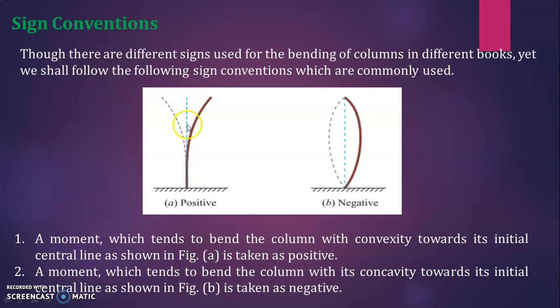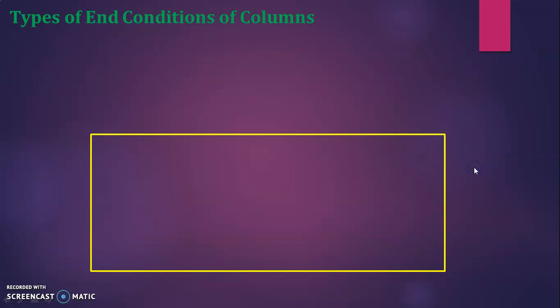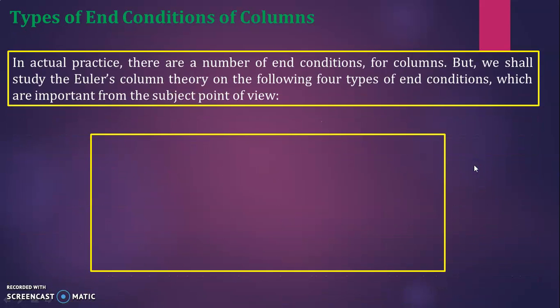You can see here, this is the central line; with the convexity towards its initial central line it is positive, and if it is in this direction, it is taken as negative. Different signs are used for bending of columns in different books, but usually we follow this sign convention, which is commonly used.